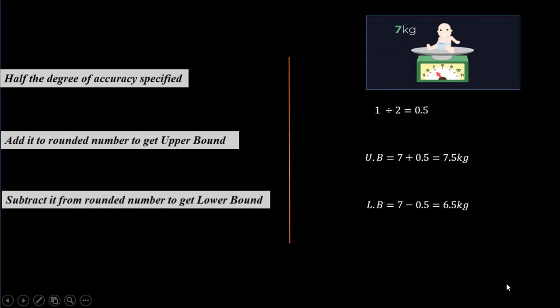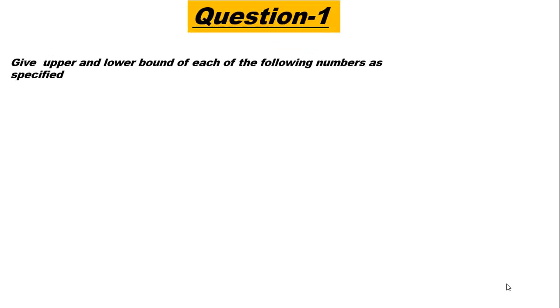Now let's apply these concepts to exam-style problems. What we have is question number 1 and it says give upper and lower bounds of each of the following numbers as specified. What we are given in part 1? Find the upper and lower bounds of 4.6 to two significant figures. You can see 6 is the second significant figure and it is at the tenths position.